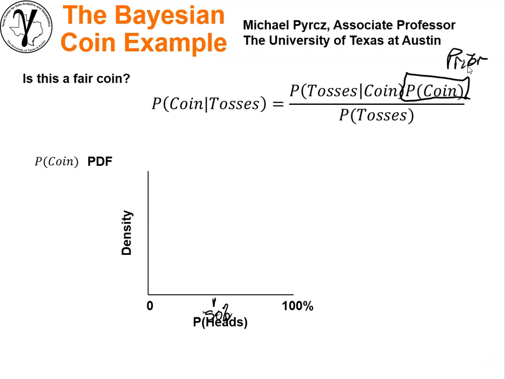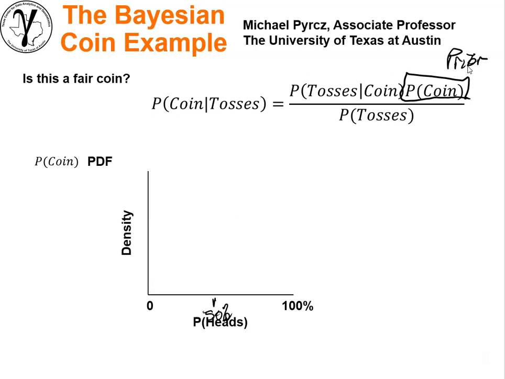Or what could happen is you could say, you know, I really think that Professor Pyrcz is kind of a joker, the type of person who would walk around with maybe a two-headed coin in his pocket. And so really you believe that the probability of heads, your prior model, is 100% because that's a two-headed coin. Or you could be in the situation where you think Professor Pyrcz is walking around with a two-tailed coin in his pocket. Probability of heads is 0%.